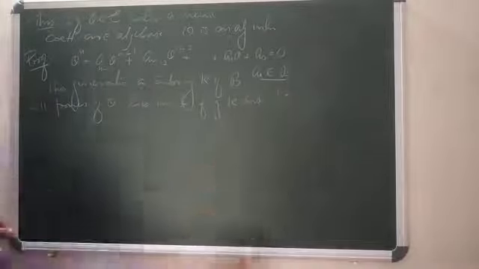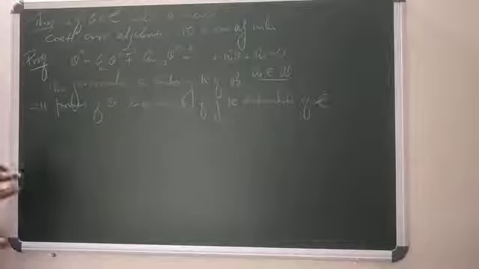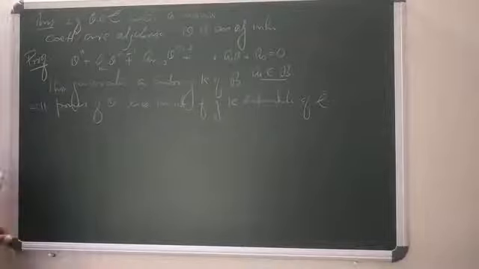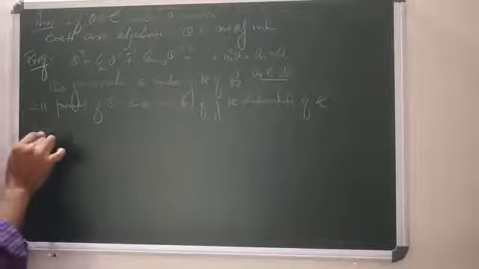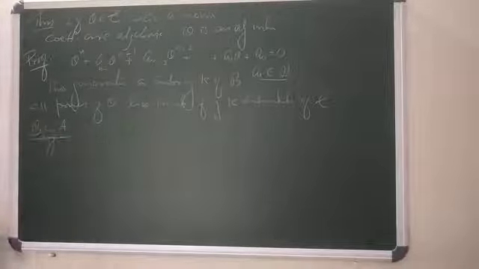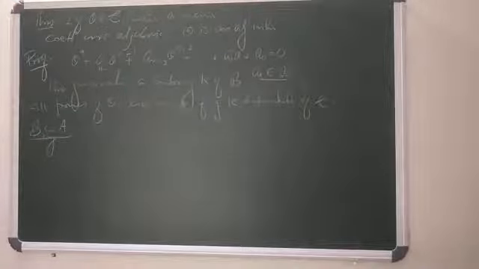But we also proved a theorem, that the set of algebraic integers forms a subring of the field of algebraic numbers. In the last class we proved this theorem, that the set of algebraic integers is a subring of the algebraic field.